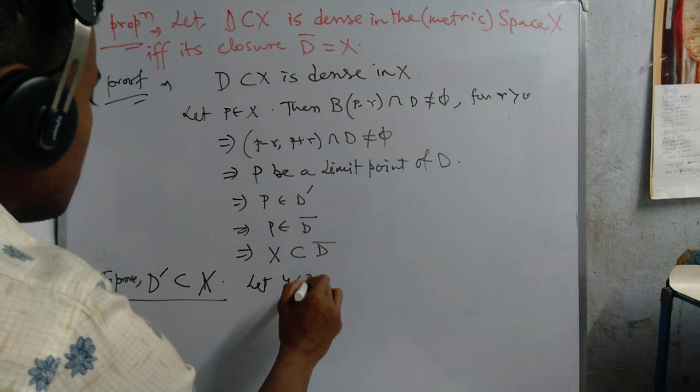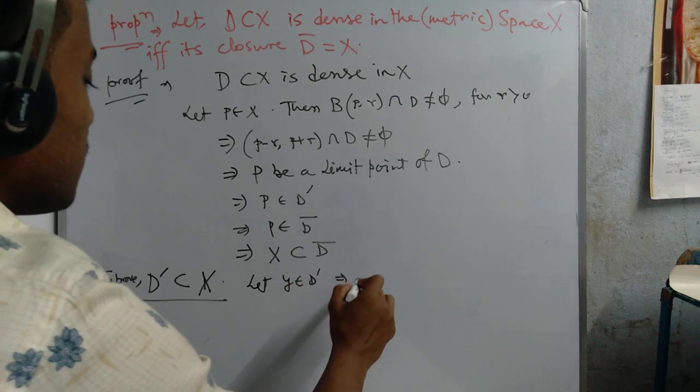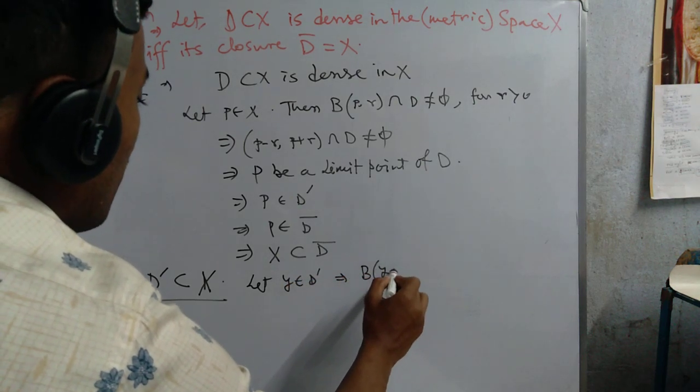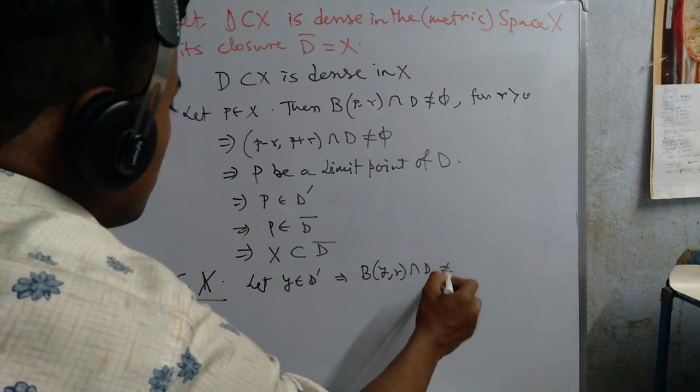Let y belong to D dash. This means the same thing: B(y, r) intersection D not equal to empty set.